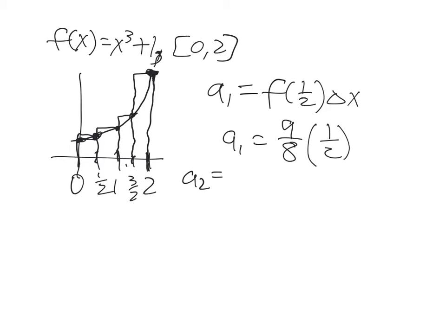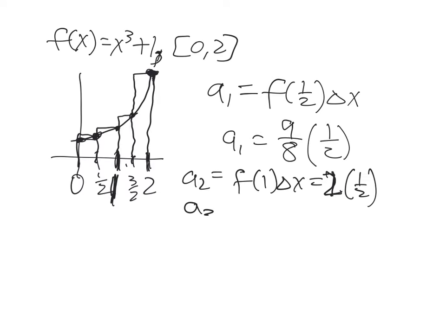A2, our second one, is now using 1 as our right endpoint. That would be 2 times the width. Then f of 3/2 times delta x, and that was what, 35/8.